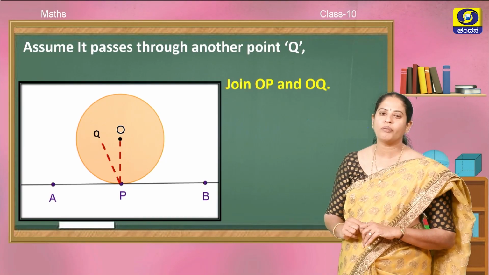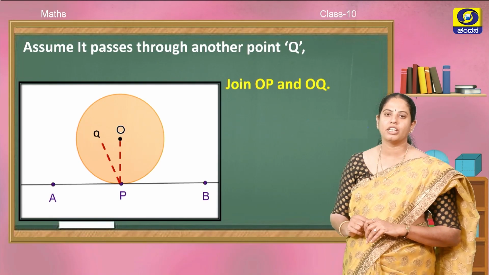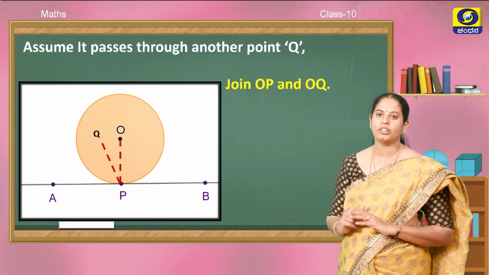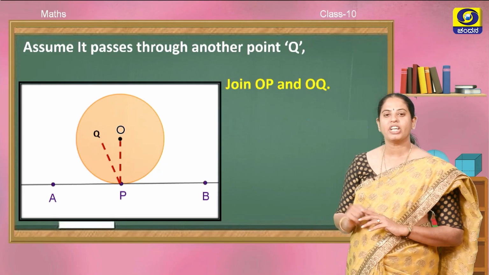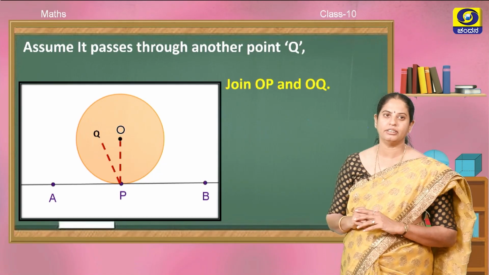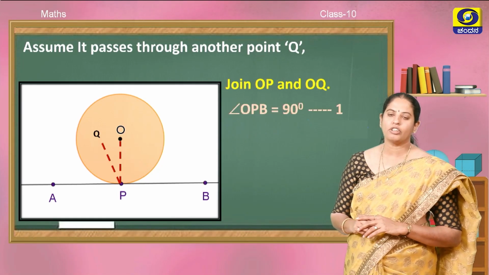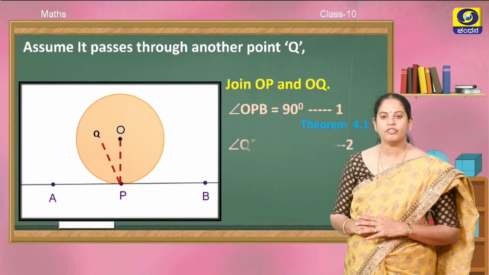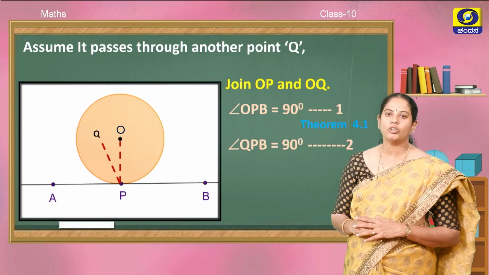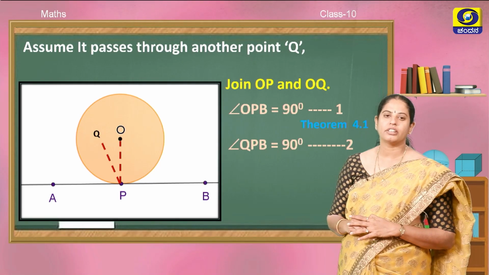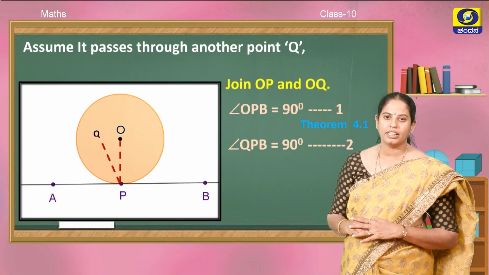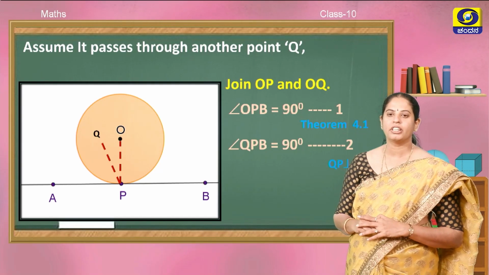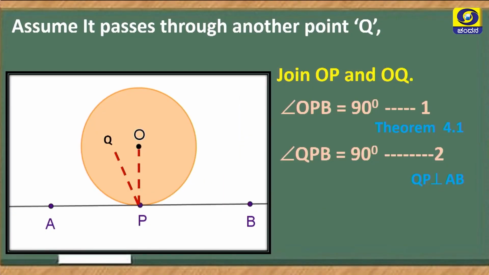After joining OP and OQ, we know that OP is perpendicular to AB because OP is the radius to the circle. Therefore, angle OPB is 90 degrees according to theorem 4.1. Statement 1. QPB is also 90 degrees, statement 2, because QP is perpendicular to AB.